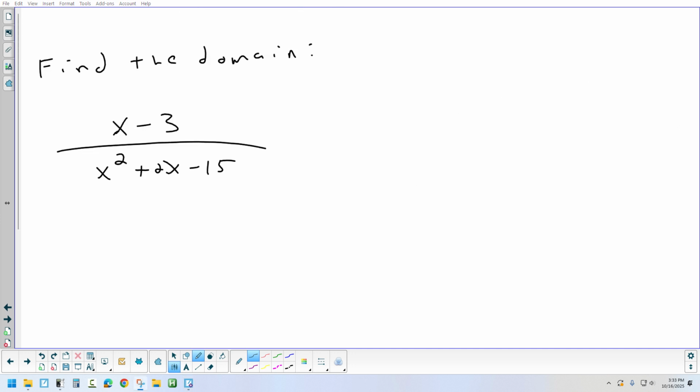All right, so this one we are looking for the domain. What don't we want to do? Whenever you have a rational fraction, you need to make sure that you never divide by 0. What would make the denominator 0? Let's factor it.